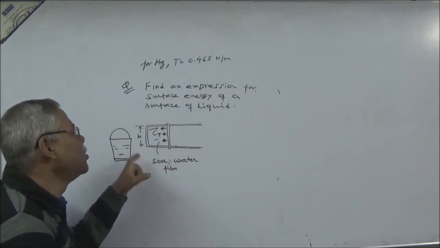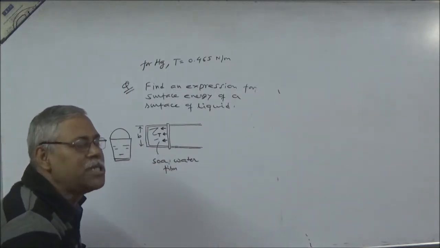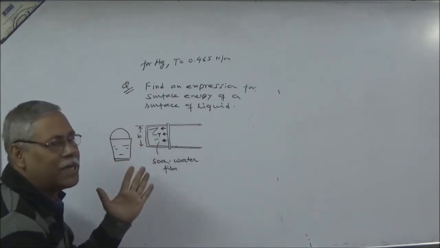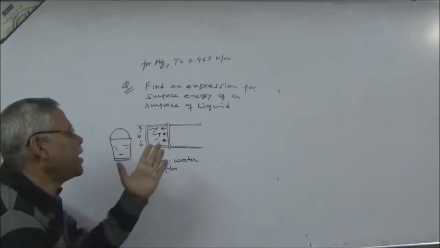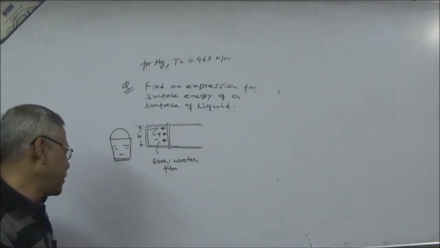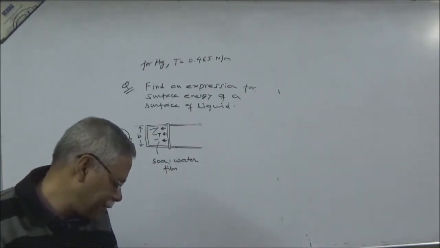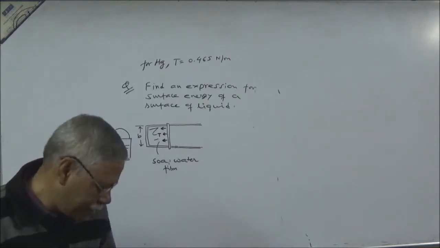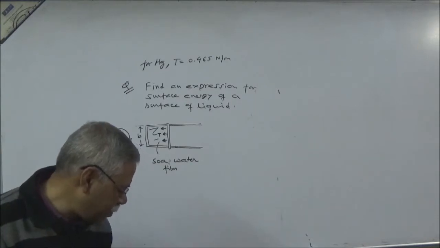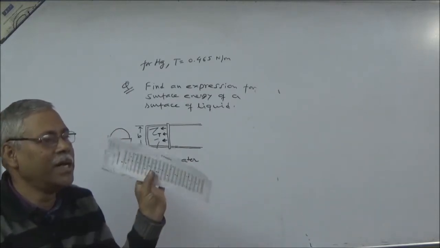But the actual force is not T into B. The actual force is T into B plus T into B, because this film has two surfaces, just like a piece of paper has two surfaces.